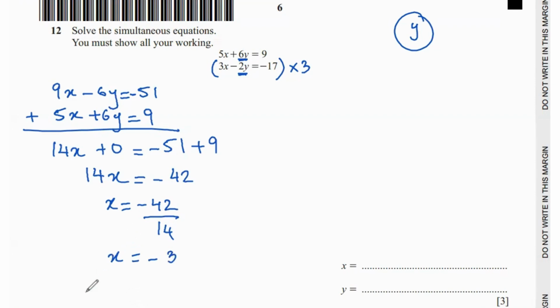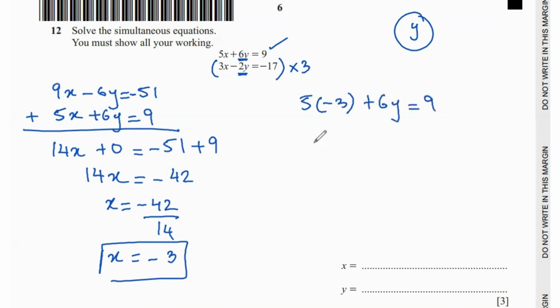Now to get the corresponding y value, we'll substitute x equals negative 3 into either of the equations. It can be the new equation as well. In each case, you'll get the same answer. So if I pick the first one, 5 times negative 3 plus 6y equals 9.